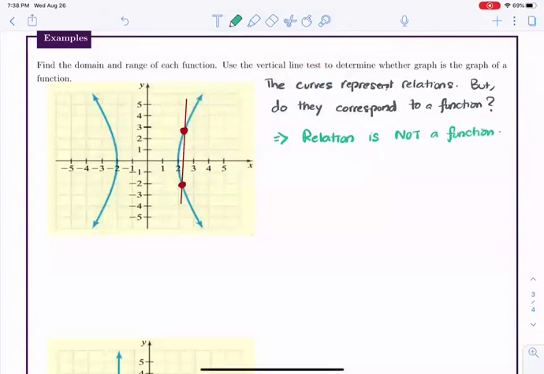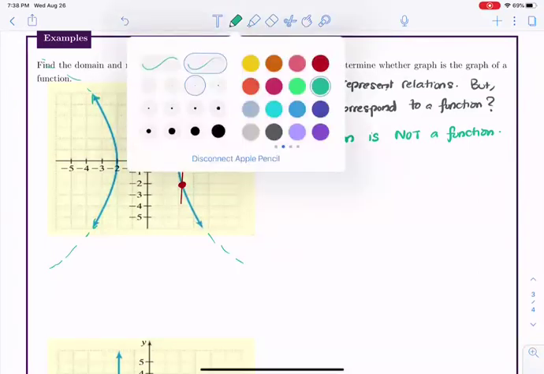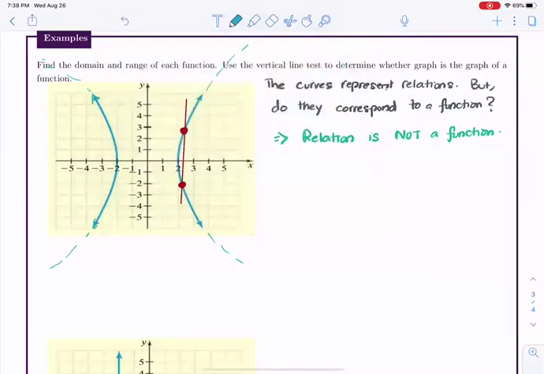So the curve keeps on going. That's what the arrow means. So it keeps on going over here, over there, and same, it keeps on going. So the lowest x value that we have is at 2.